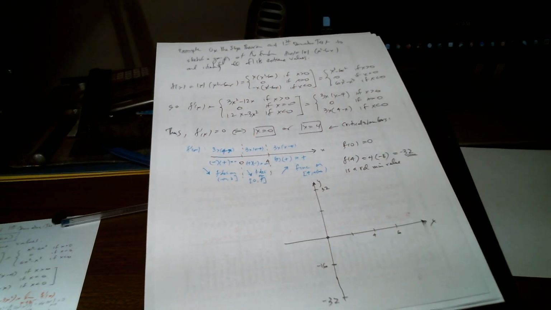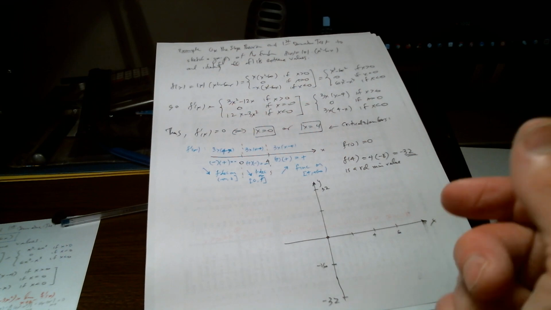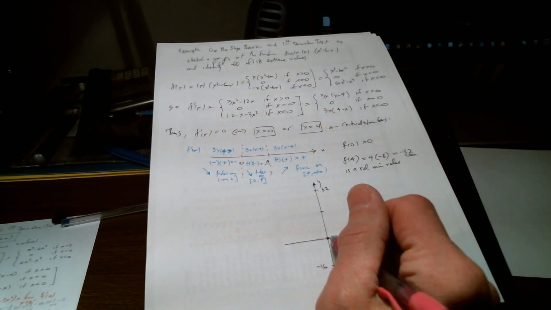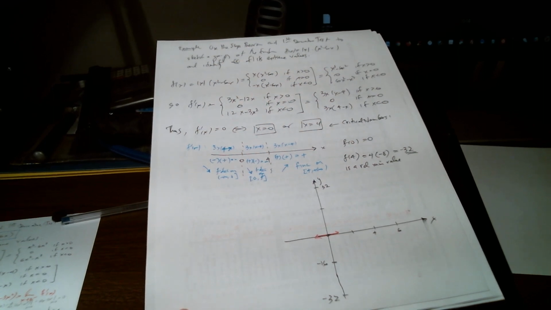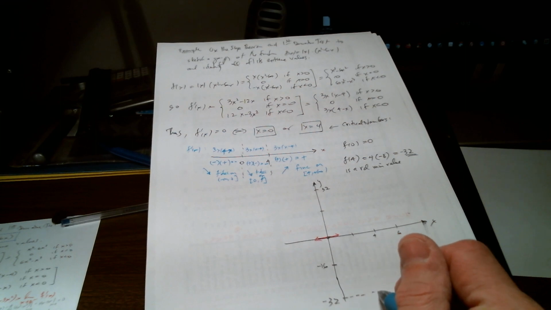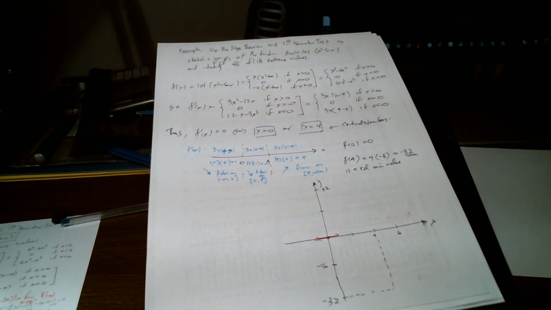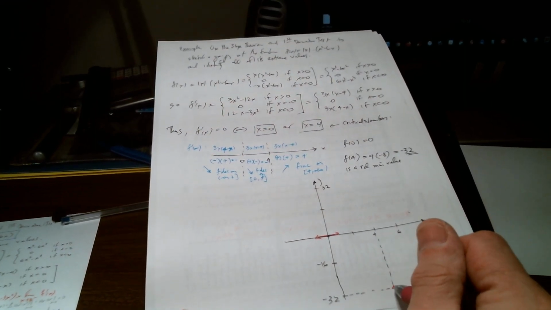So the points of interest again were at the origin, where we had a zero slope, and then at the point x equals 4, where we had a zero slope and its relative minimum value.